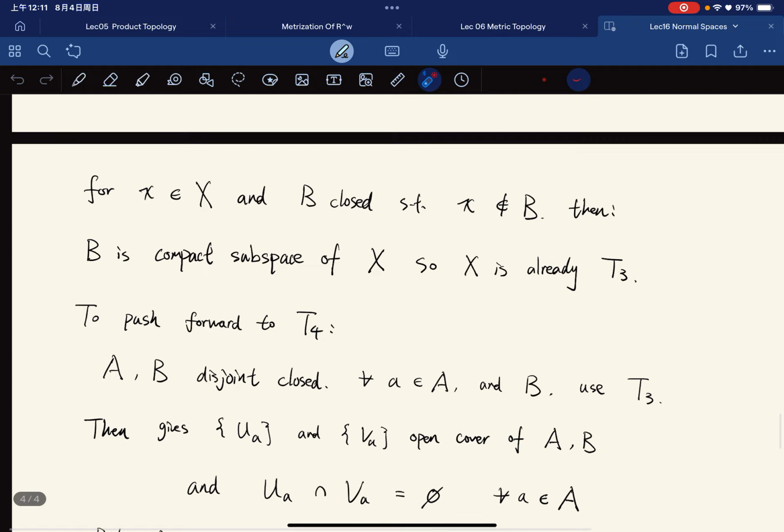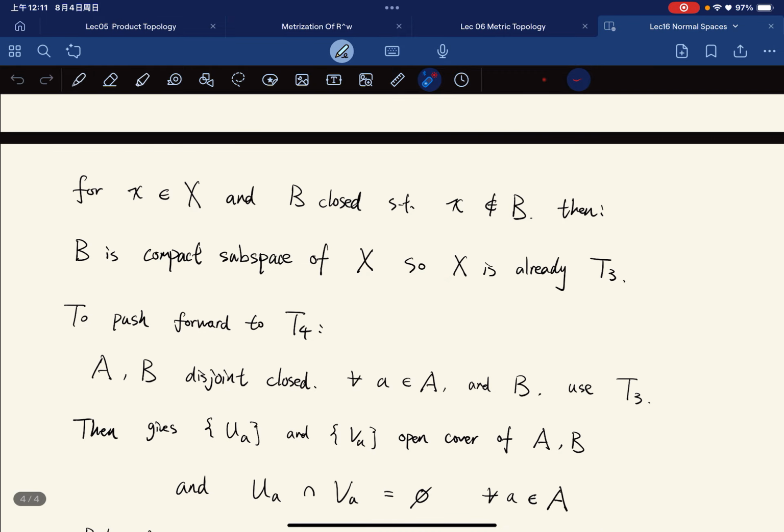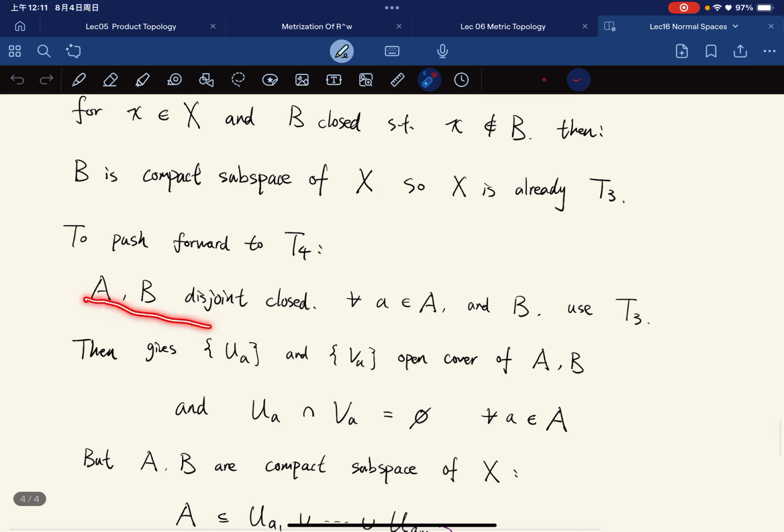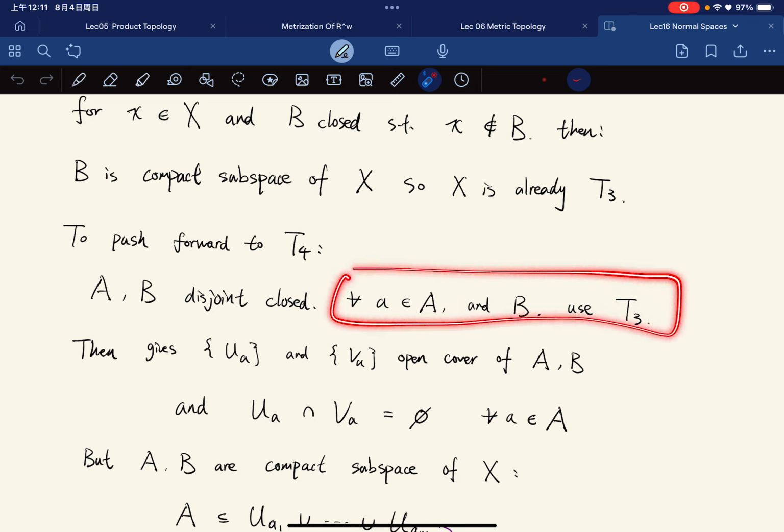At this point, X is already T3. So we push forward to T4. Again, we've been doing this. For any A, B disjoint closed, we can just run through the points in A. For any a in A, use T3. We've been doing this again.